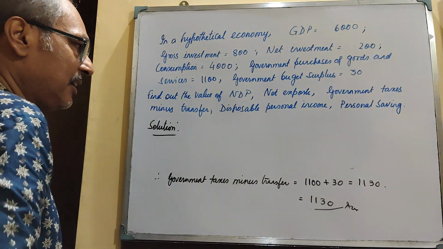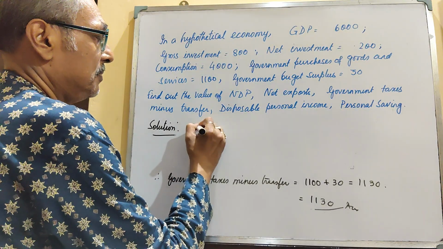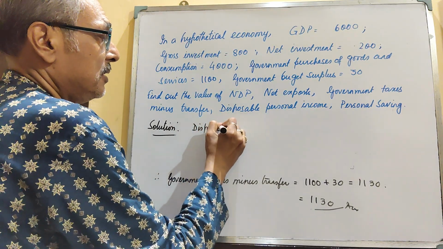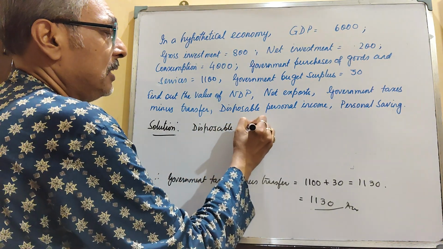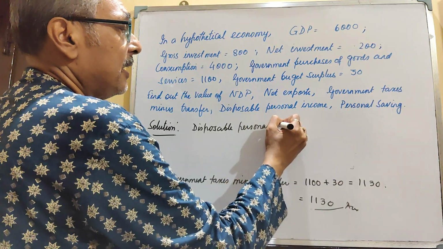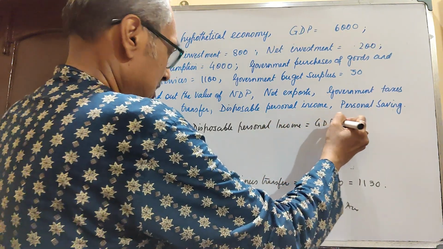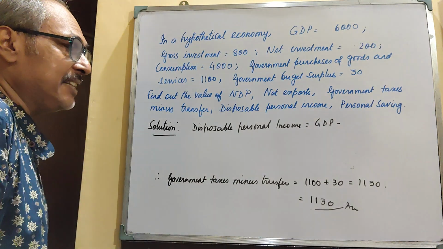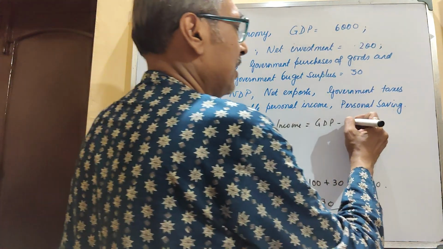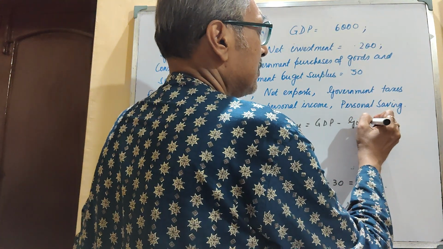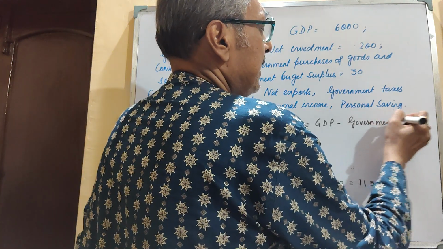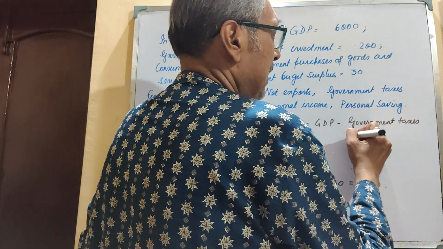Disposable personal income is GDP minus government taxes minus transfer.